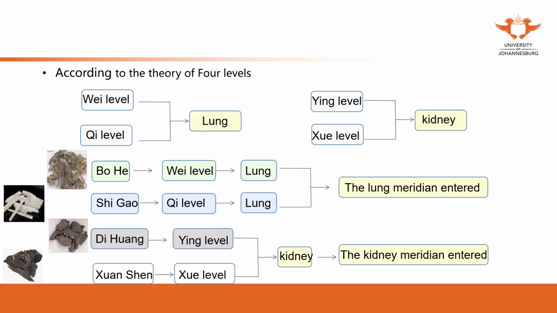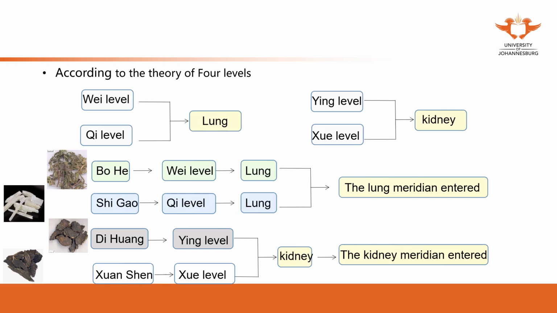According to the theory of the four levels: Wei defensive level, Qi level, Ying level, and blood level, Xue. Wei level or Qi level mostly focus on the lung. Ying and blood level focus on the kidney.